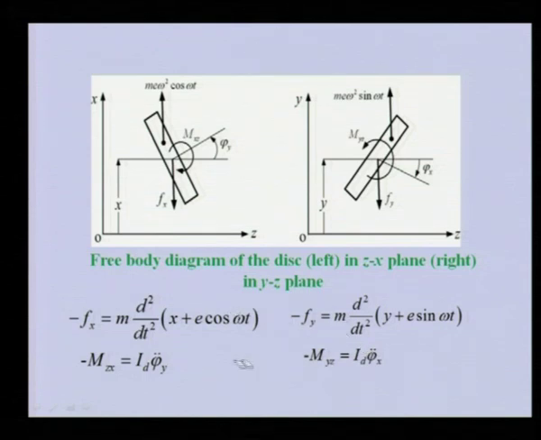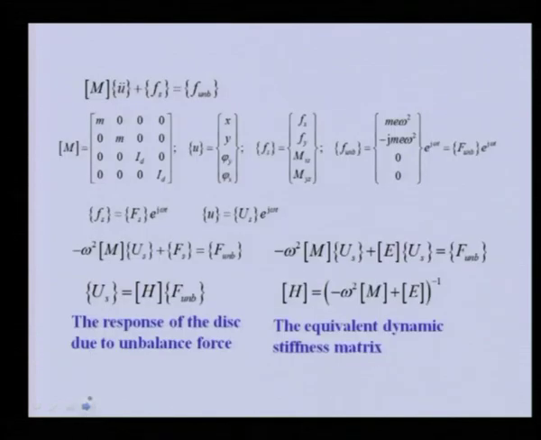So we have four equations, and they can be combined in a matrix form like this, where this is the mass matrix defined like this. U is a displacement vector, and you can see we have stacked the U like this. Now this is the shaft reaction force, which includes not only the forces but also moments, and this is the unbalanced force.